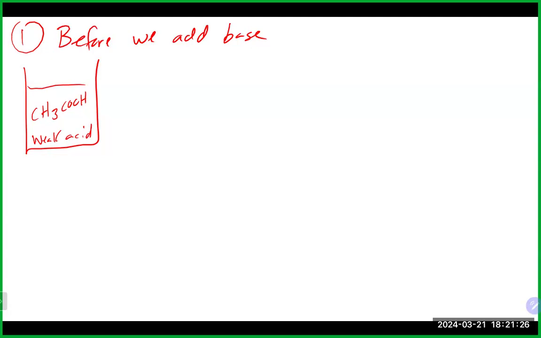No. It's a weak acid, which means ice table time. So this is basically a Ka problem like we did in the previous chapter. You're going to set up an ice table. So we're going to take our acetic acid. It's going to break apart into H plus and a little bit of acetate.